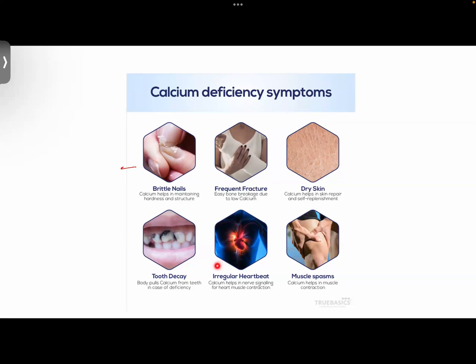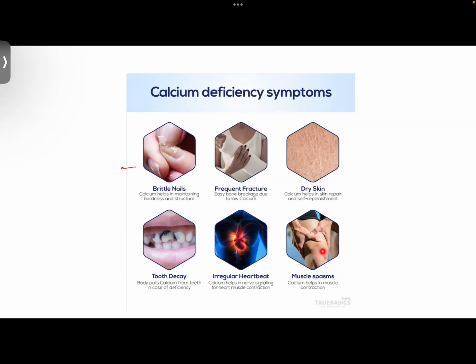Furthermore, it has been observed that the heartbeat will also become irregular. Calcium is important for maintaining nerve health, so in some cases the rate of heartbeat will become irregular. Many times it will lead to muscle spasms, meaning that your muscles will contract.